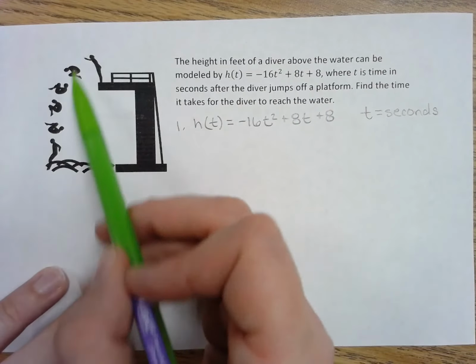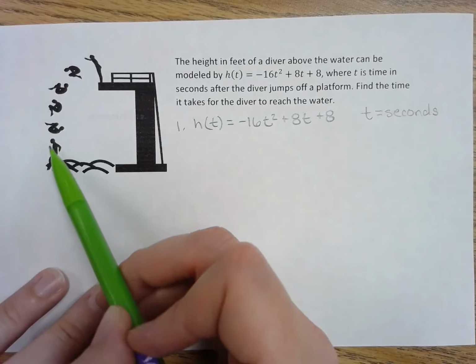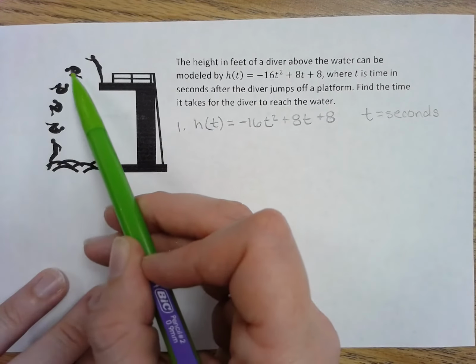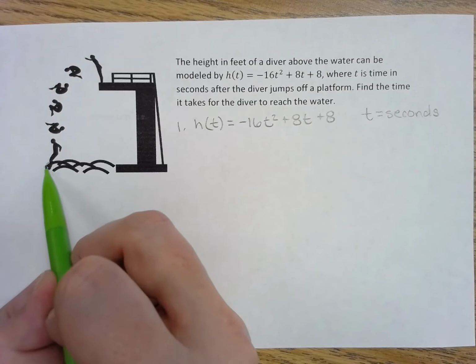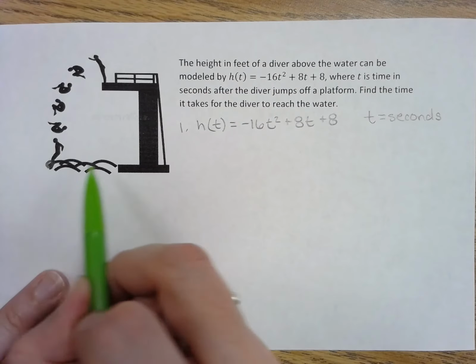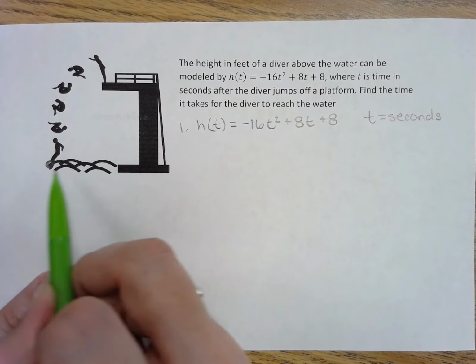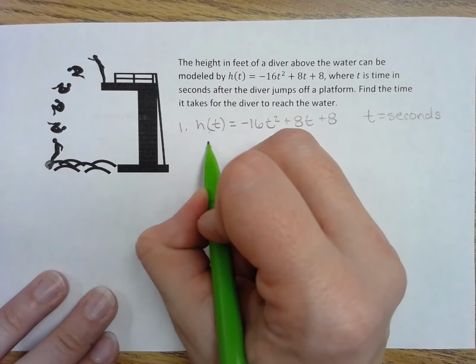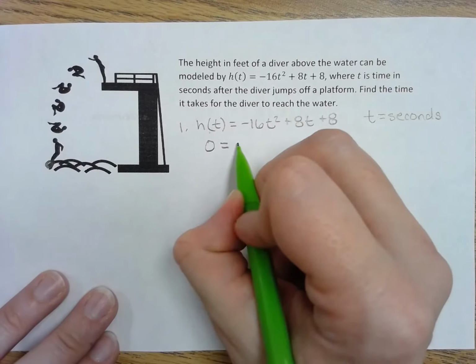So if you imagine this picture of a diver on a platform, it is a quadratic shape. We see that parabola, the U shape. We are trying to find this point when the diver reaches the water. So that would be our x-axis, our x-intercept. So that means we can let our y value, h of t, equal 0.